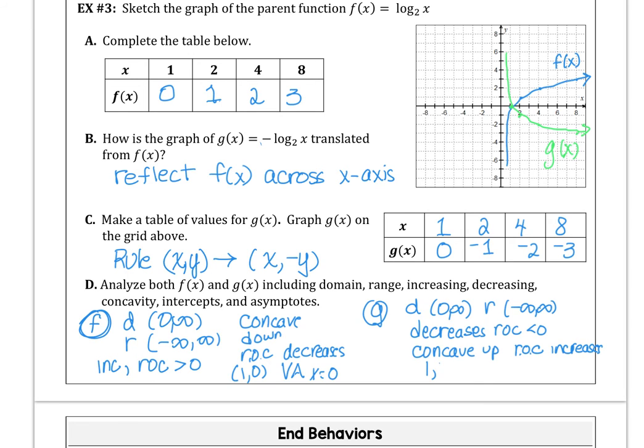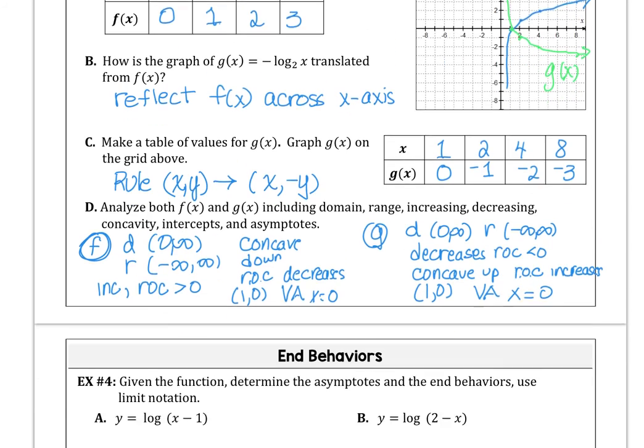We still have (1, 0) for our x-intercept, and we still have the same vertical asymptote at x equals 0. So as we go through the unit, you get better and better at analyzing these graphs.